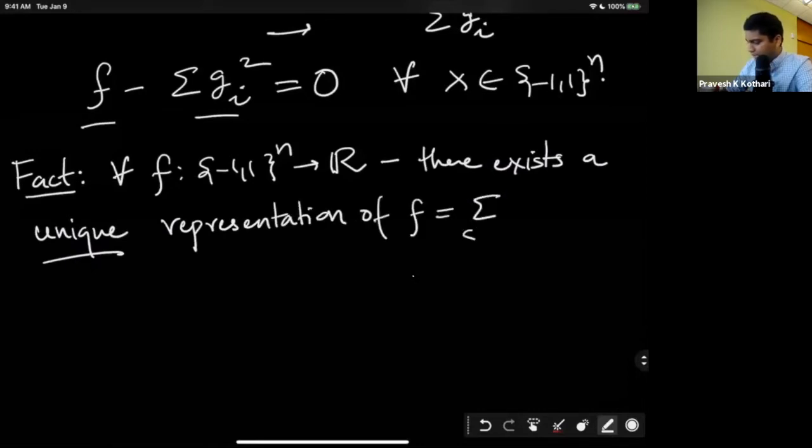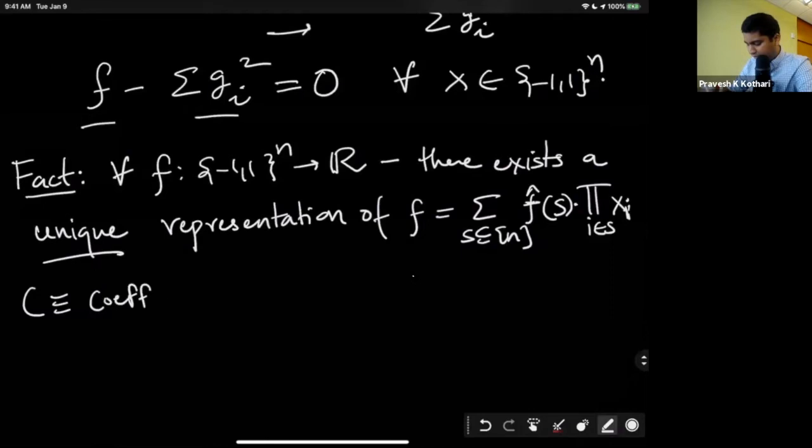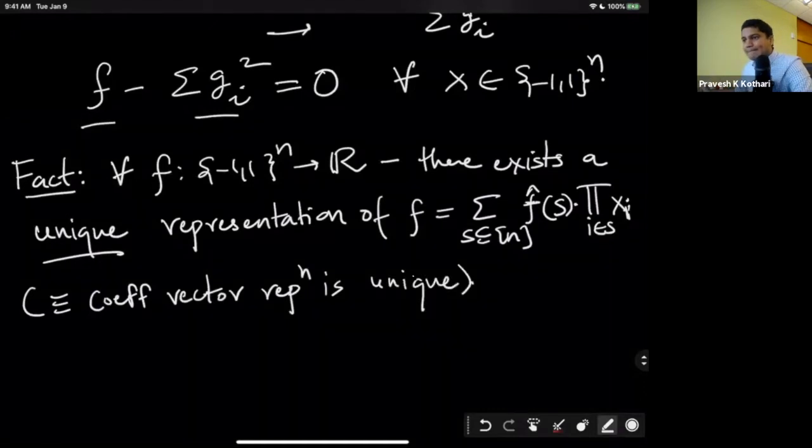In particular, there is a representation of f hat s product over i in s of x_i, just the polynomial coefficient vector representation, as I said. And in particular, this is saying that the coefficient vector representation is unique. So there is only one way to write f as a multilinear polynomial over the hypercube.